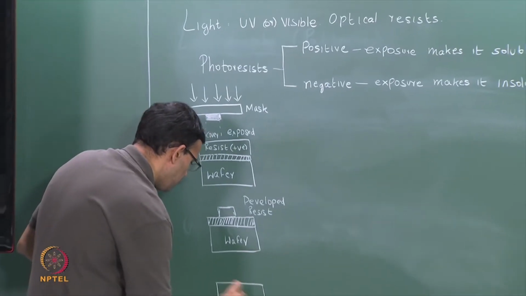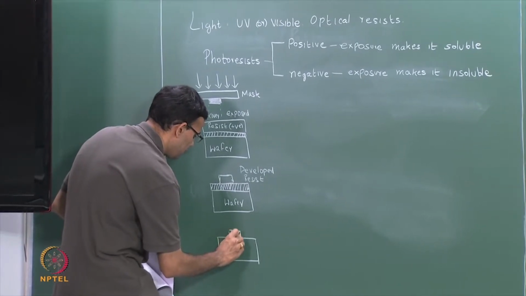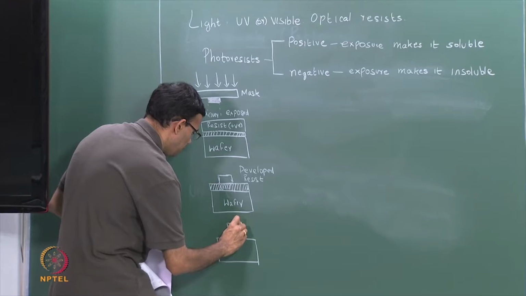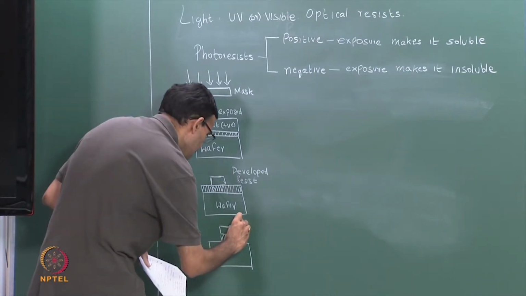This gives you a wafer with an oxide layer which is being protected by the resist above it. So, this is after etching.